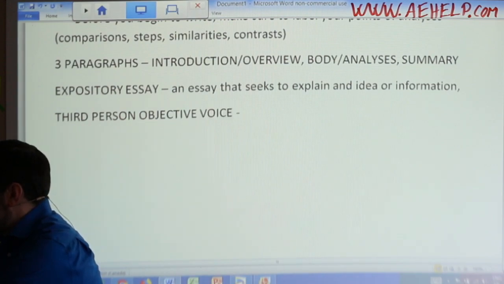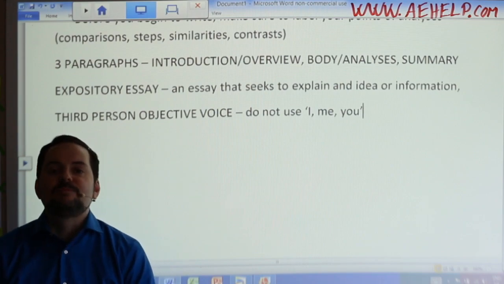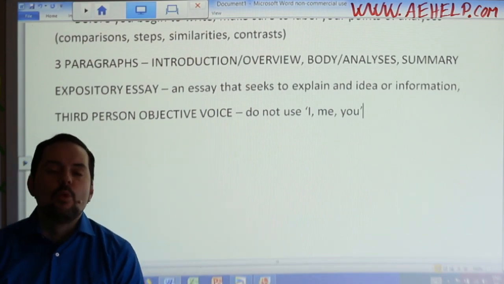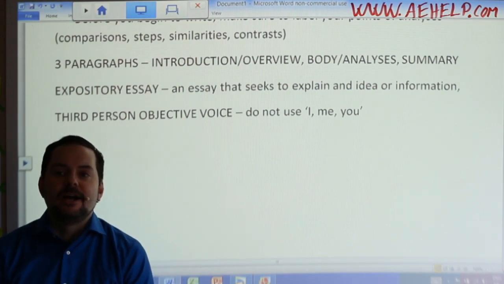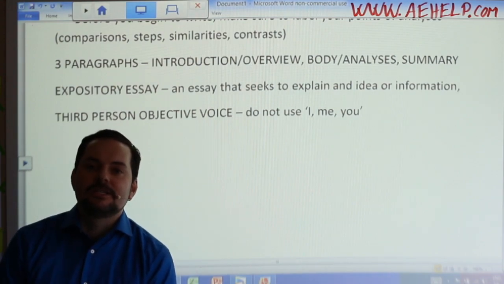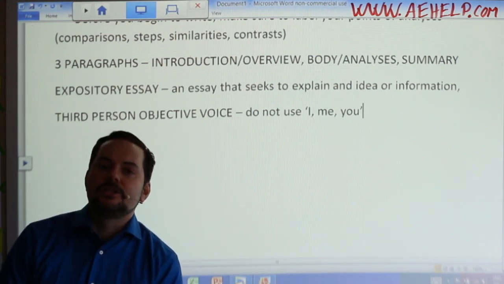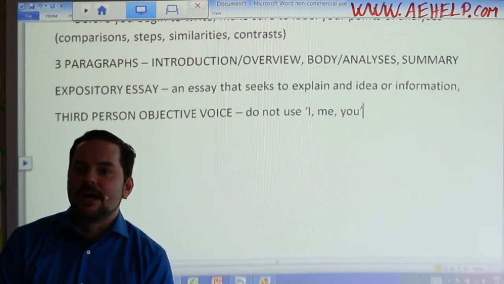Okay, so what that means is do not write or do not use I, me, you. Okay, so don't use these words. It has to be objective. You're simply just explaining and analyzing what you see, okay? Task 2 essay is a first person. You write I, me, my. Task 1 essay for academic IELTS is an expository essay, and it's using third person voice, so you do not use I or me or my, okay?